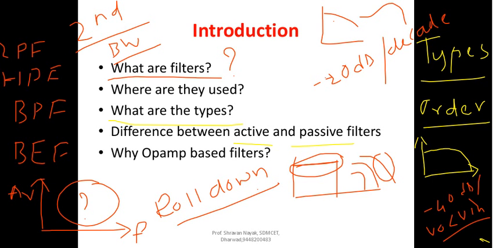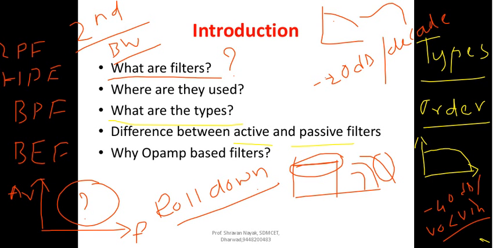We have a lot of practical limitations in implementing passive filters as the order of the filter becomes higher and higher, though it is simple in design compared to active filters. But they are limited to lower orders. If you want to go with higher orders, it will always be difficult to realize the actual desired performance in passive filters, right?